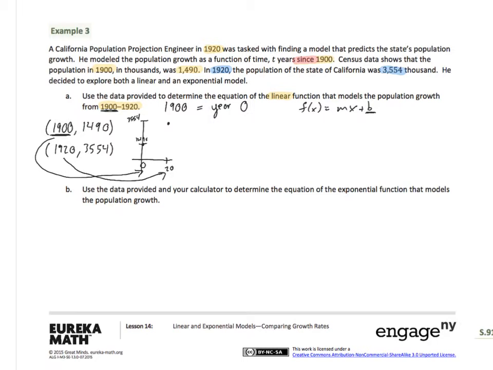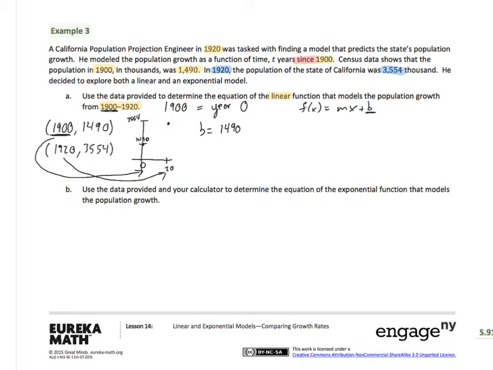Now this graph is not to scale, so just understand it from the way that it looks. So I see right here that this is essentially my y-intercept. So I know that b equals 1490.